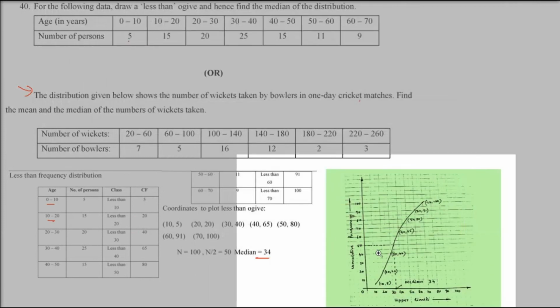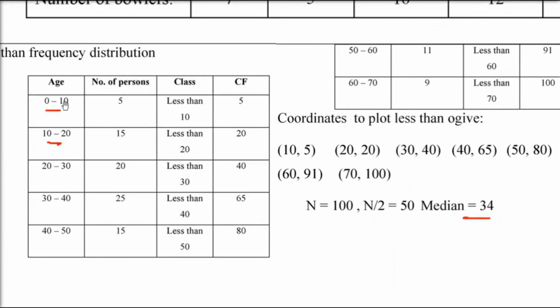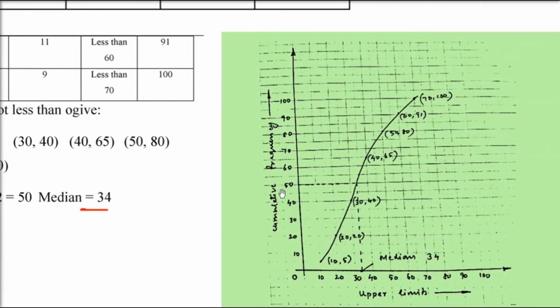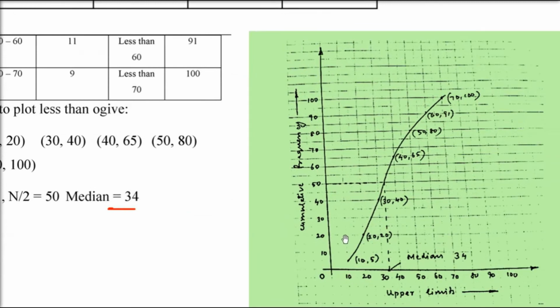Ogive and median. So see here. First of all, these are the points I told you earlier. These are the upper limits we took on the x-axis, and the y-axis is the cumulative frequency. As I already told you, these are the coordinates 10, 5; 20, 20; till 70, 100.